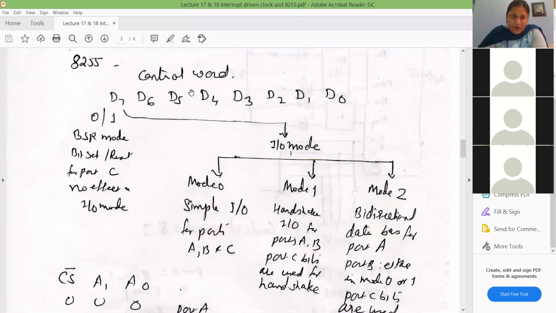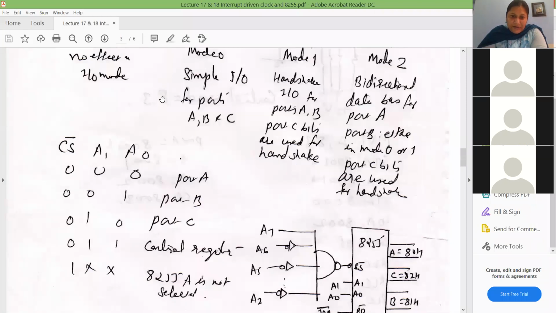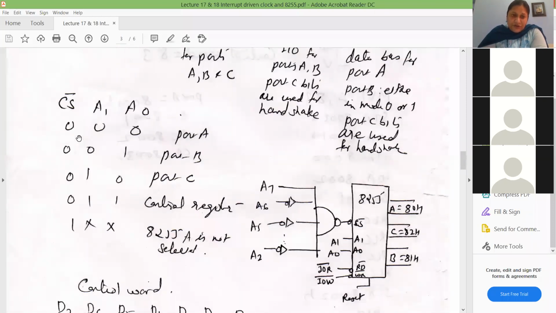So we were talking about 8255. I have already explained that this is the control word and this is the combination. Your CS bar has to be 0 because it is an active low signal. Only when CS bar is 0 will the chip, the 8255, be selected. Now for the combination of A0 and A1: if both address lines are 0, it is port A. If A0 is 1 and A1 is 0, it is the port B address.